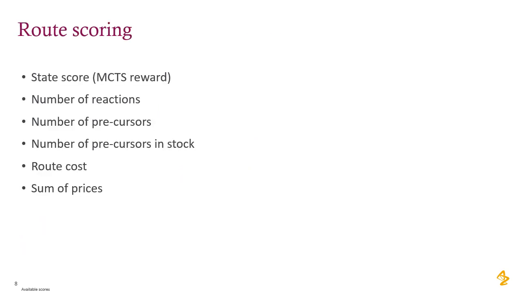Now I will briefly touch upon a few other features available in AiZynthFinder that are part of a post-processing set of tools. And one of them is route scoring. So we have a framework for adding scores, and these are the ones that are currently implemented. So we can score and rank the routes based on the Monte Carlo reward functions that I showed in the previous slide. We can score based on number of reactions, precursors, and so on.